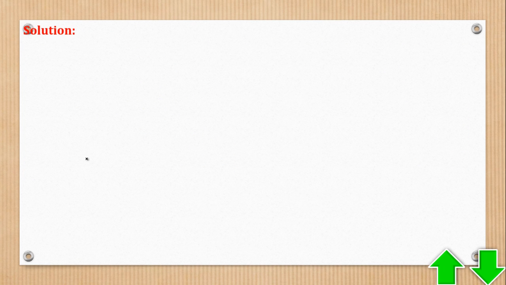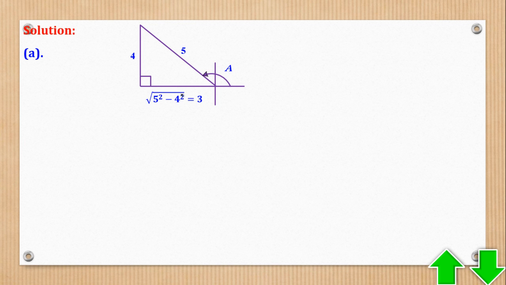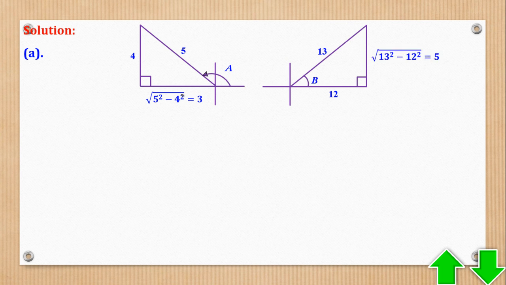So first, remember that obtuse angles lie in the second quadrant, while acute angles lie in the first quadrant. So I'm going to first draw for both angles. So that is for A, which is obtuse. This is a right angle triangle, meaning that this side can be got from Pythagoras theorem.